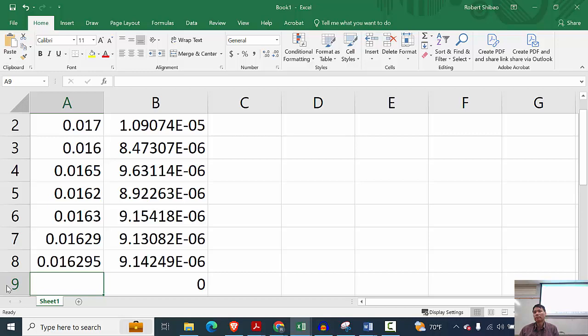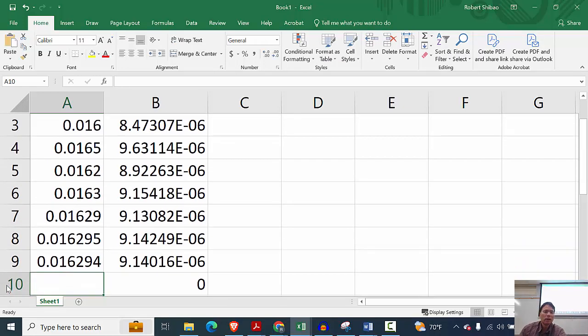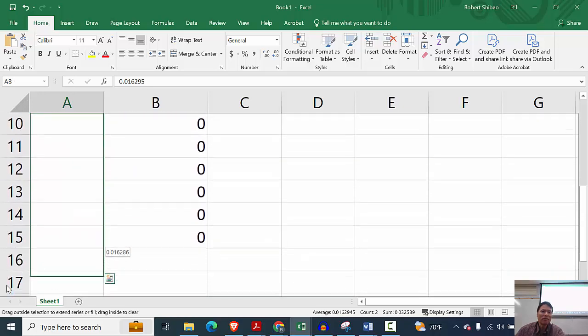Chemistry Goldilocks. That's the word. Yeah, you're right. You could try to get it to 9.140, but there are easy ways. Say Excel can do this quite easily. We could make the next one 0.016294, and then just have Excel extend this pattern down.